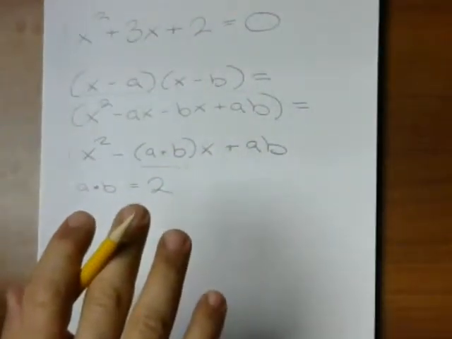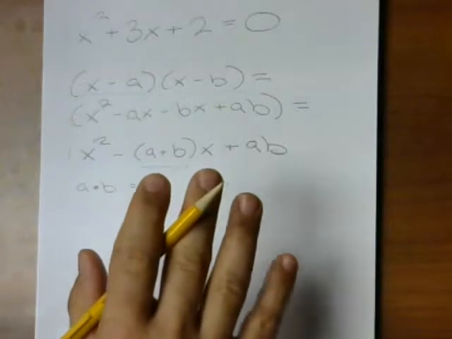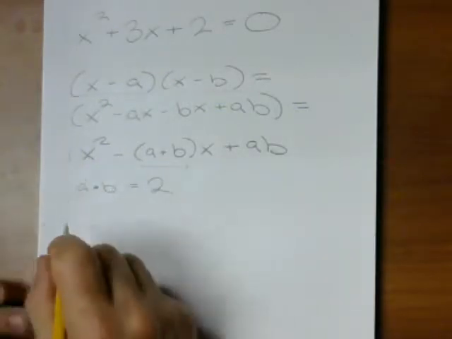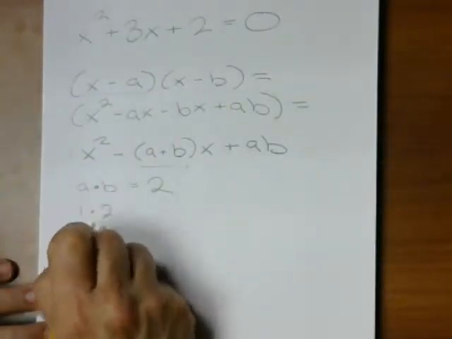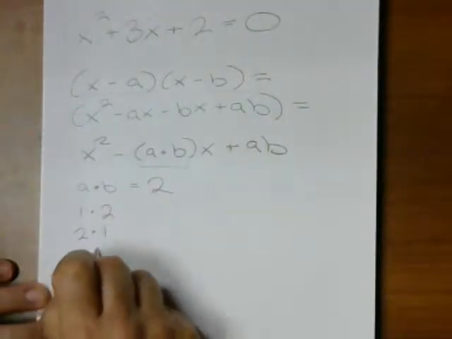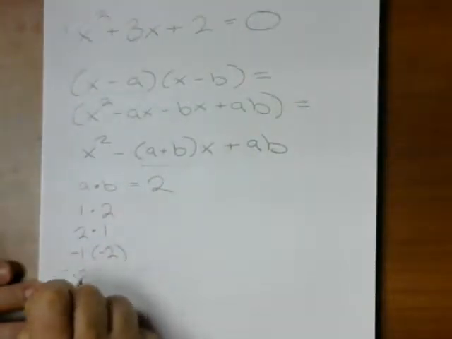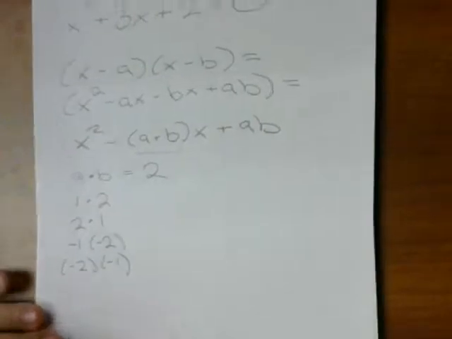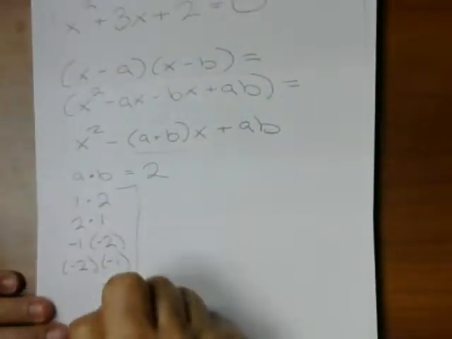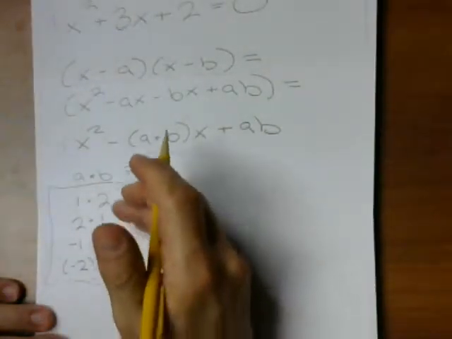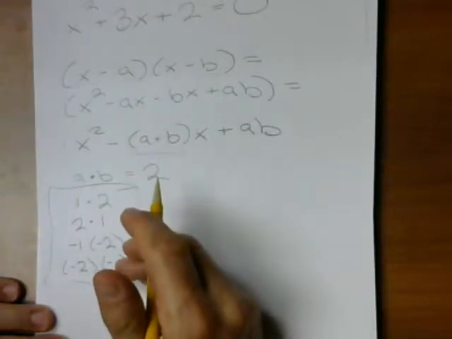But how many whole number solutions could there be? Well, we could have 1, 2, 2, 1, minus 1, minus 2, and minus 2, minus 1. So maybe one of these 4 would be good.